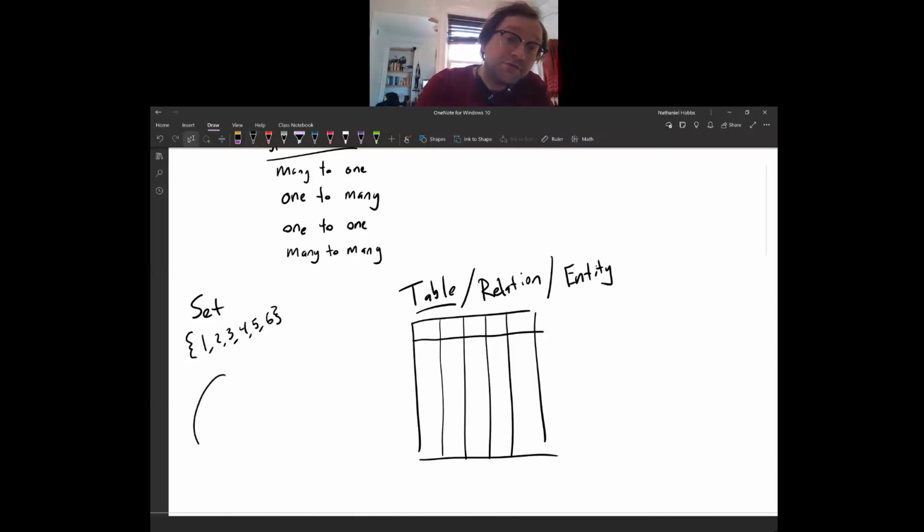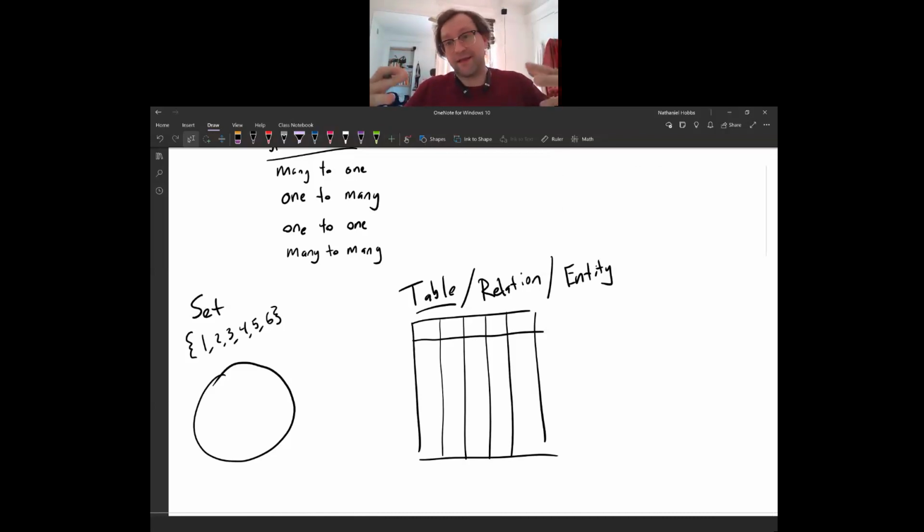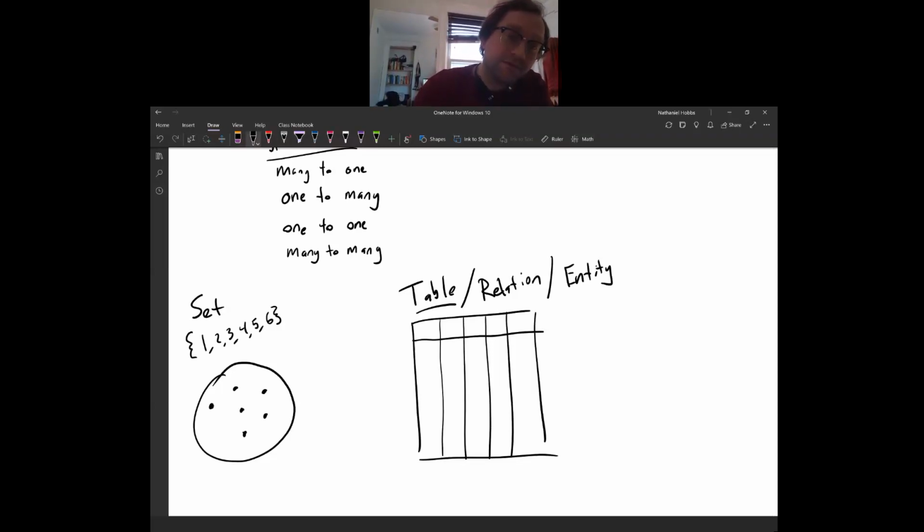You can also view sets in a pictorial way, by making the set inside of a bag, and everything inside of the bag is what's inside of that set. So I've drawn a circle, which is kind of a bag, and this bag is going to have points in it, or elements, or vectors.